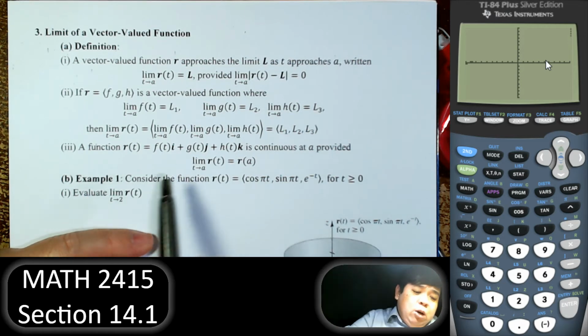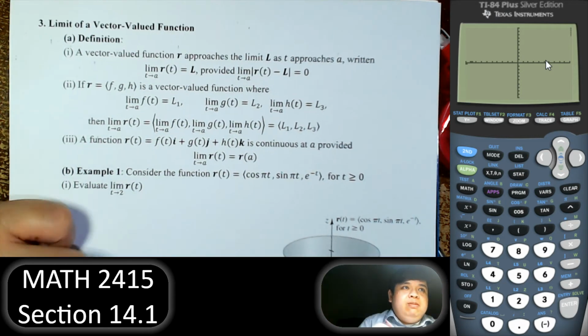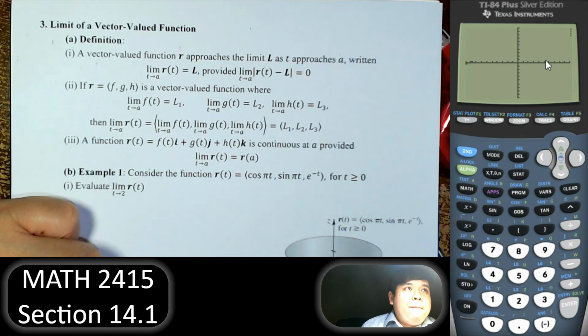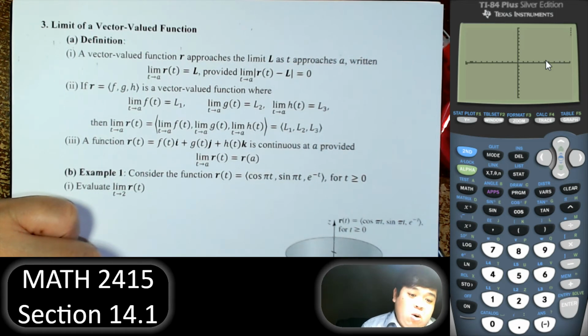Bottom line is, we just find the limit of each one of them. Simple enough, right? That's all there is to it.